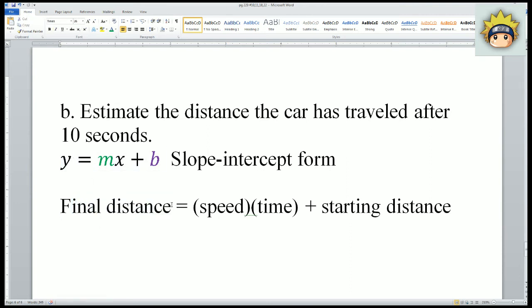The final distance, which is y, is calculated from your rate, which is your slope, which is the speed, like miles per hour, times your x, which is going to be your time, added to your starting distance. This is an interpretation of the slope-intercept form.